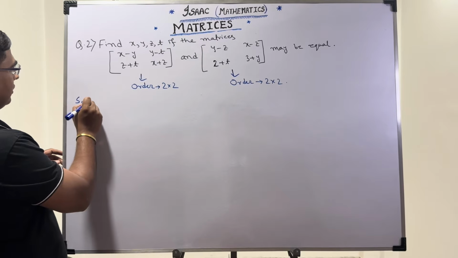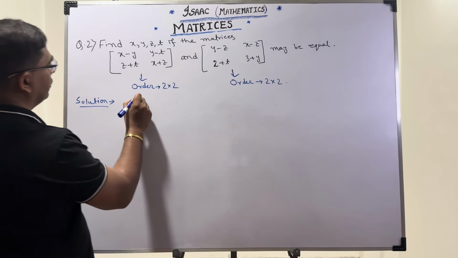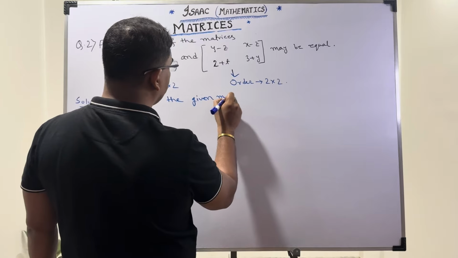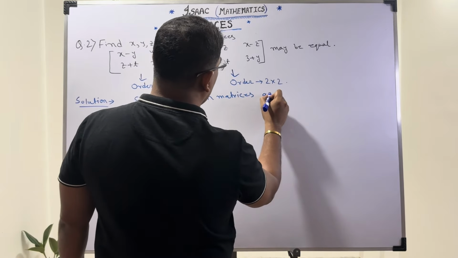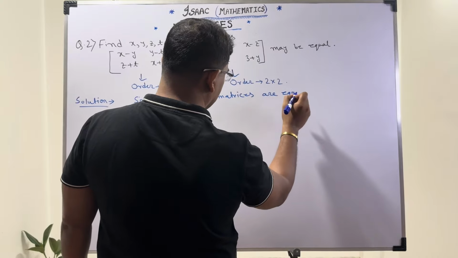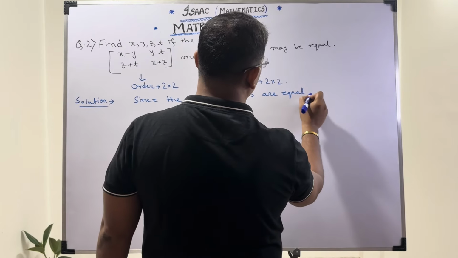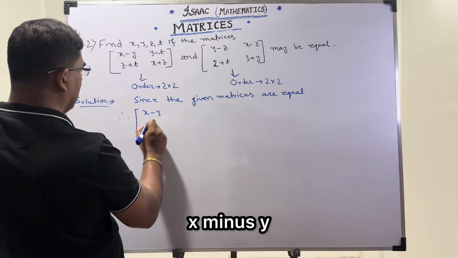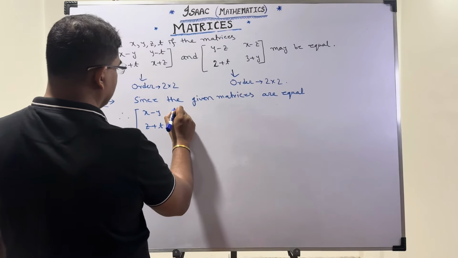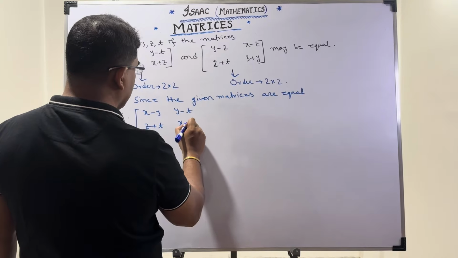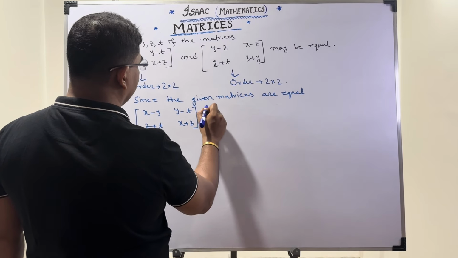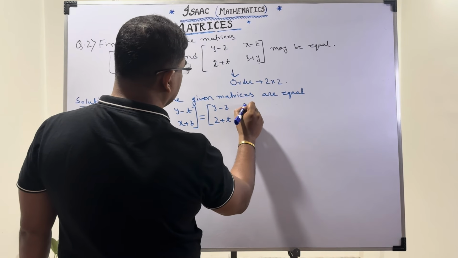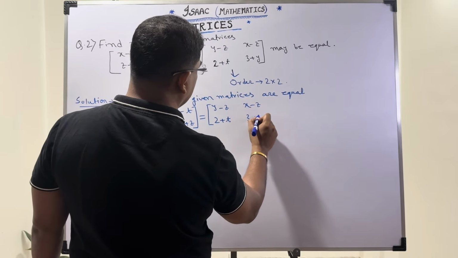Solution. Since the given matrices are equal, therefore x minus y, z plus t, y minus t, x plus z is equal to y minus z, 2 plus t, x minus z, 3 plus y.